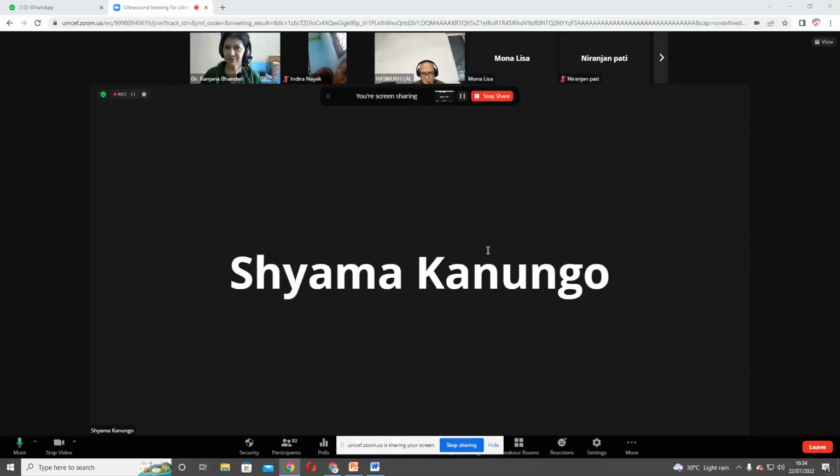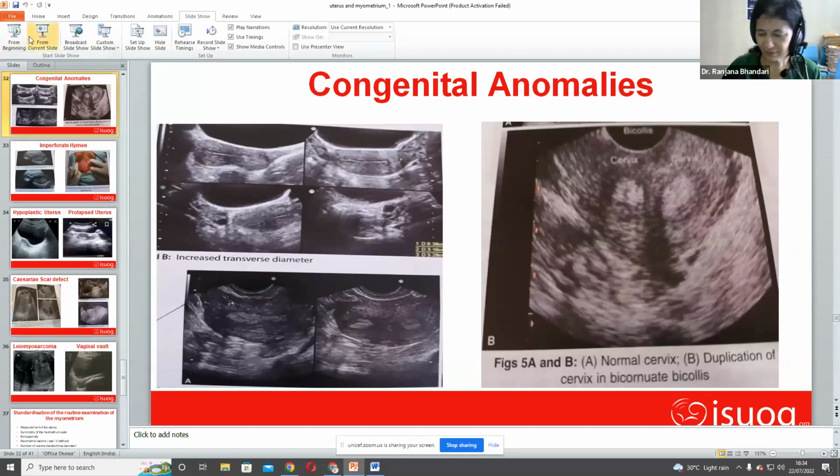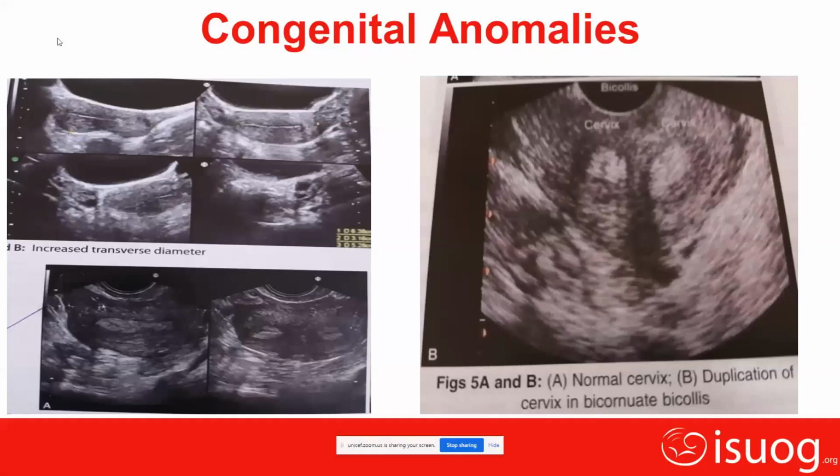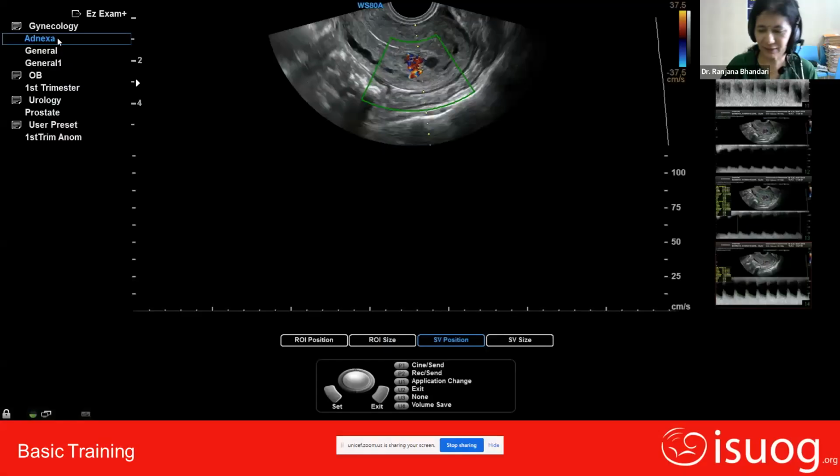Hello. Yes, now you can share screen once more. Screen share. This one. So last one. No, from this, the RPOC one I had shown.